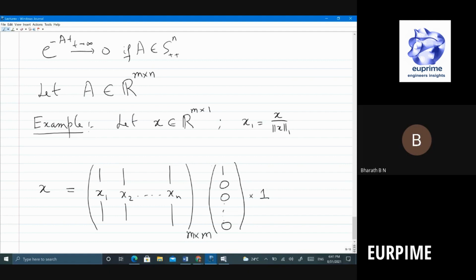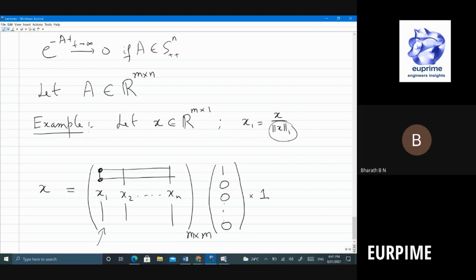Is it fine? Why is that? If you multiply the first row, this gets selected, right? If I take the second row and multiply, this gets selected, and so on. So what gets selected? x1 gets selected. Is x1 equal to x? No, right? x1 is not equal to x.